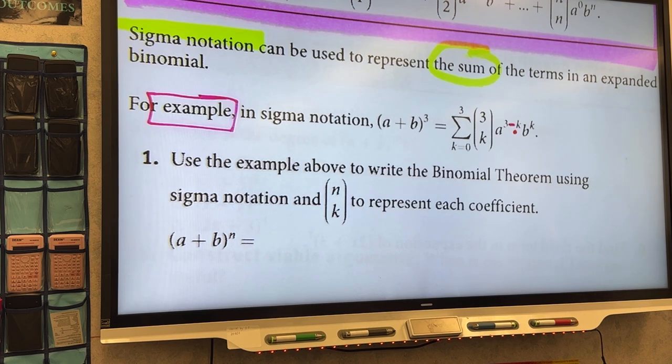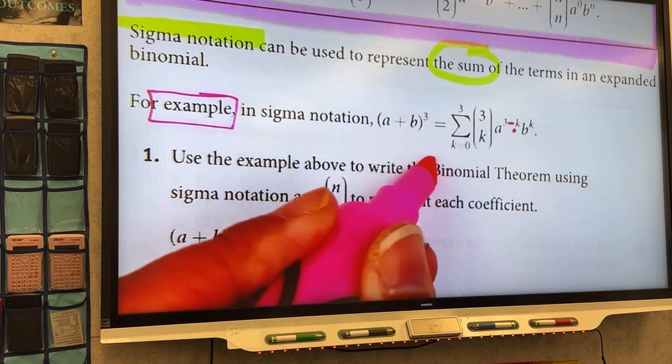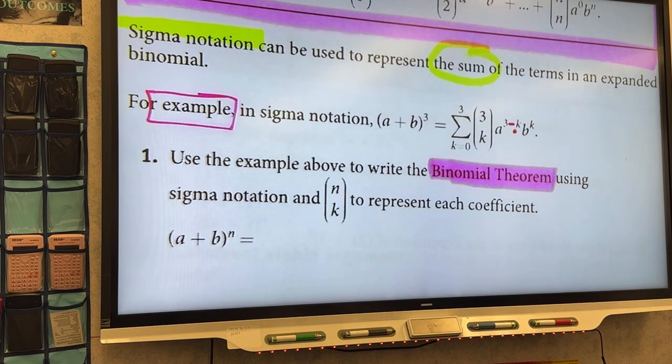Now we're going to use that example to actually write the binomial theorem. So now we're going to write it using that summation notation, and sigma to do it.